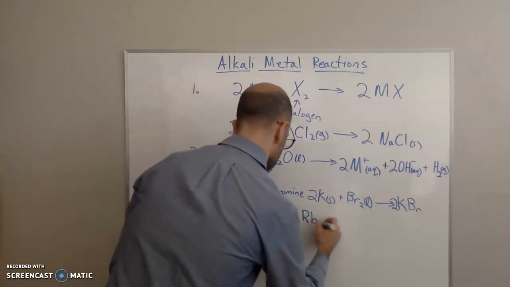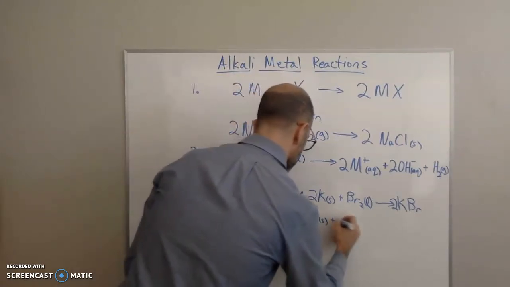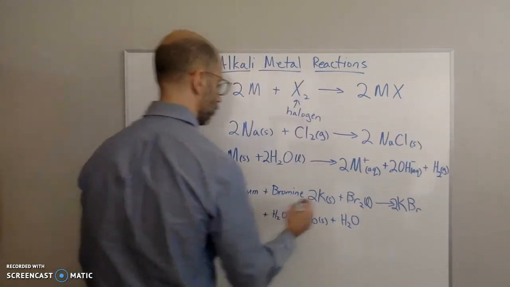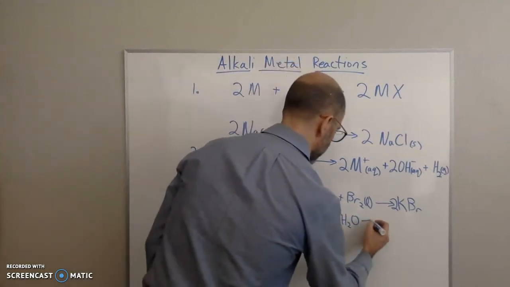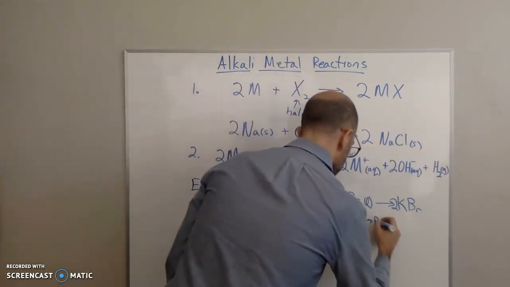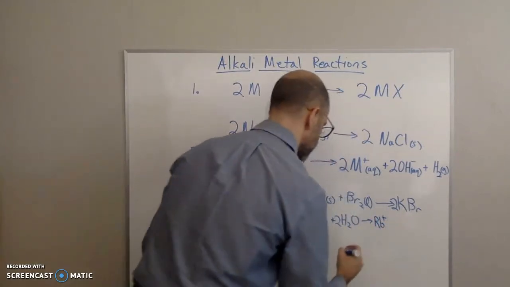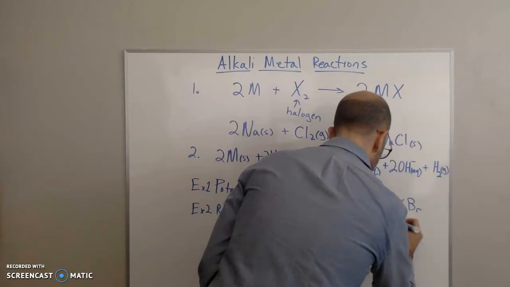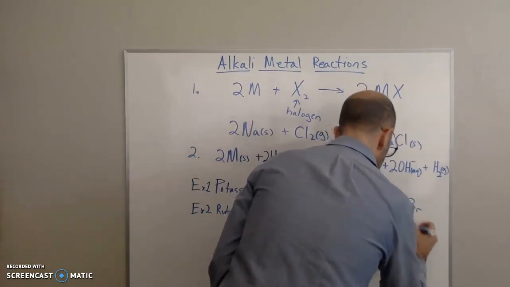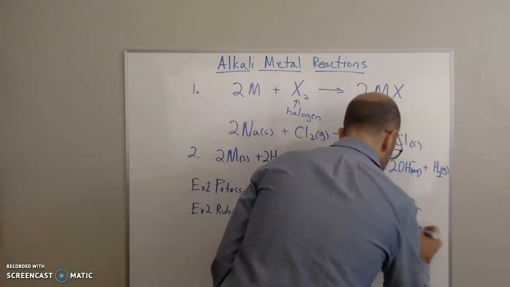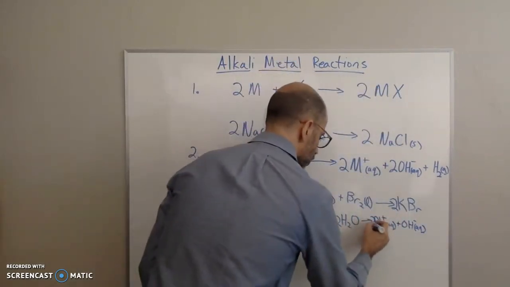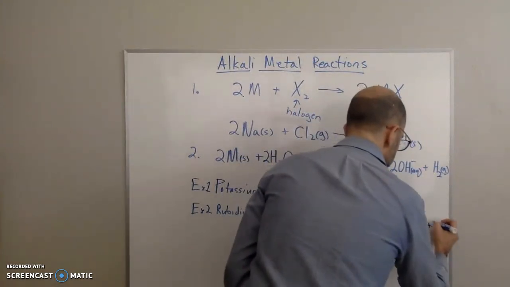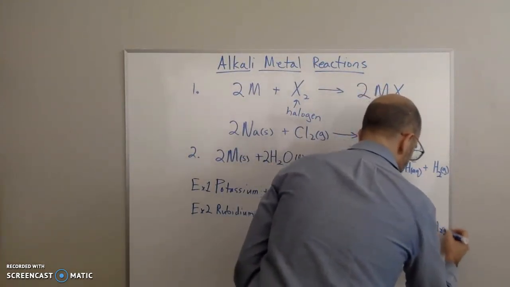So Rb solid plus water, and you're going to need 2 of those and 2 of those, and that's going to give you the rubidium ion aqueous, and that will then also give you OH minus aqueous, and you're going to get 2 of those and 2 of those, and then you'll get the hydrogen gas.